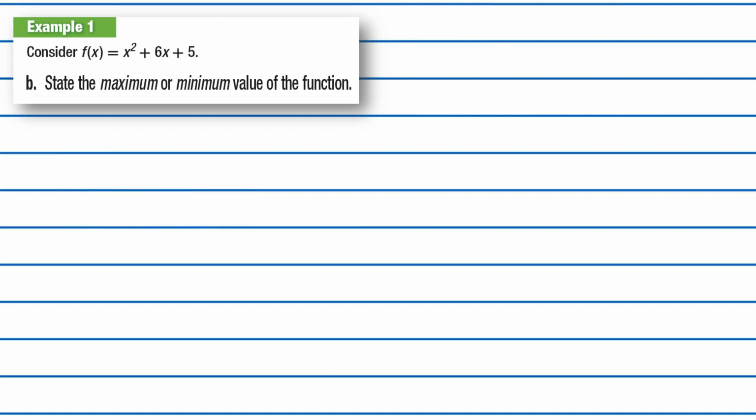Alright, with the same equation, let's state the maximum or minimum value of the function. So like we said before, we have a equal to 1, b equal to 6, and c equal to 5. In order to find our minimum value, what we need to do is use a special formula, which is minus b divided by 2a.